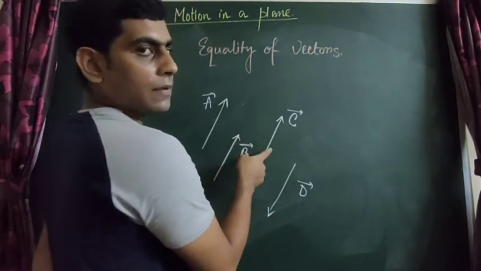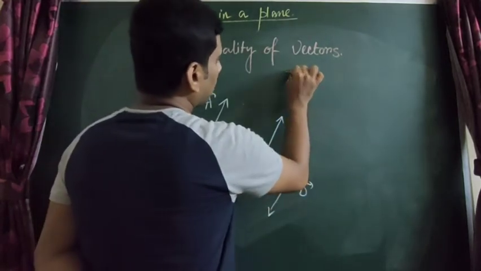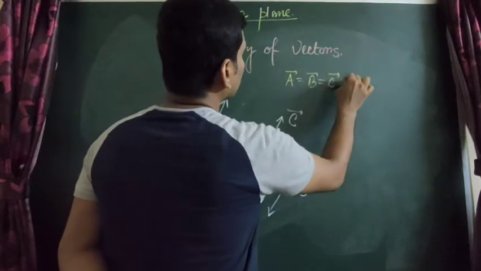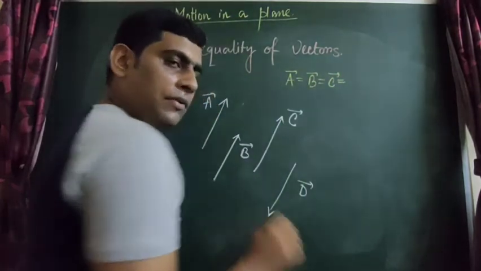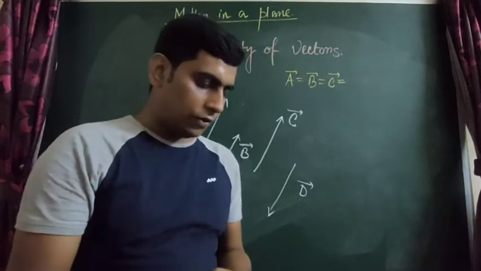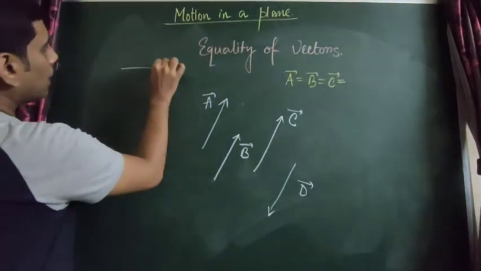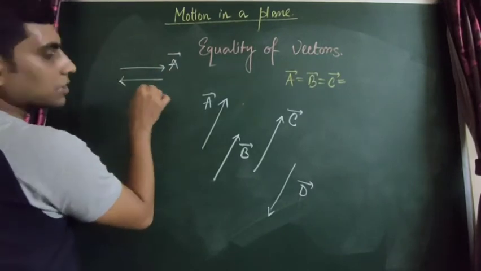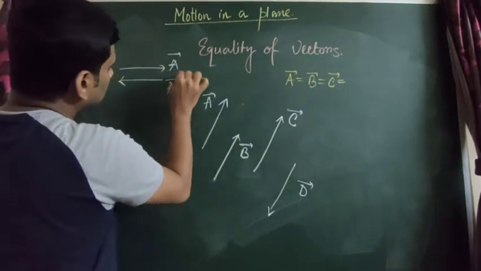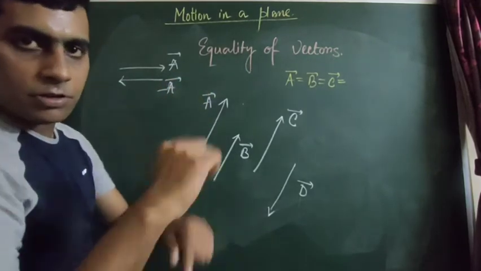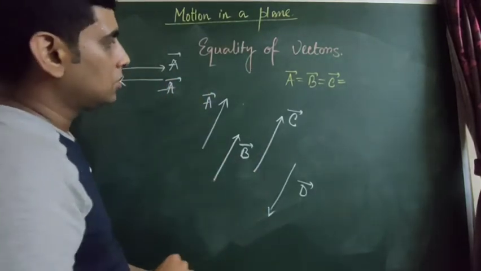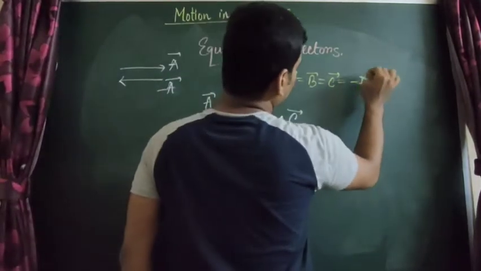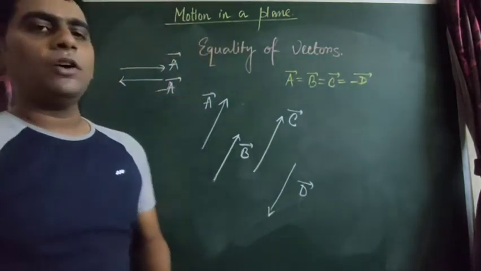The rest of the 3 have the same direction. So I can write A vector is equal to B vector is equal to C vector. If I reverse the direction of any vector, suppose this is A, and I reverse the direction keeping the magnitude the same, it becomes minus A. Because D has the opposite direction, it will become minus. This is known as equality of vectors.